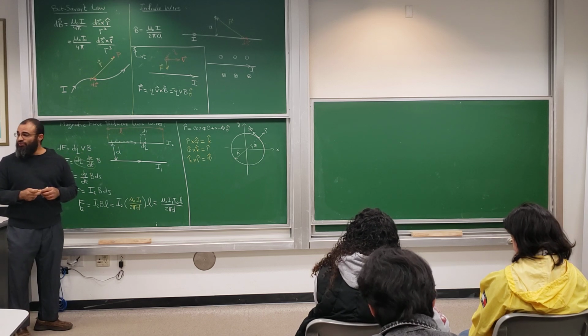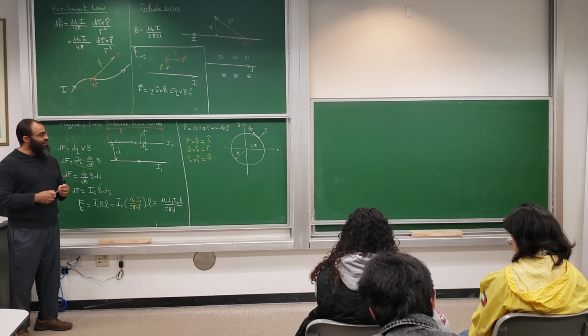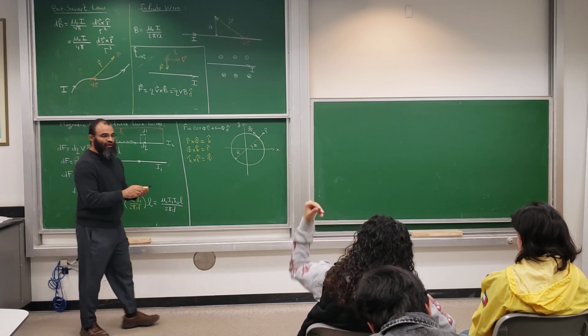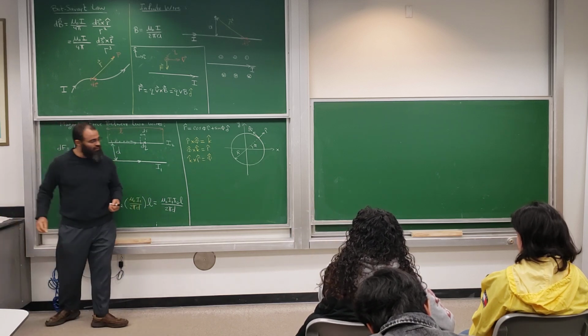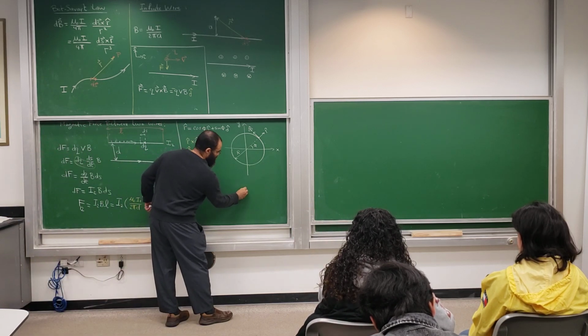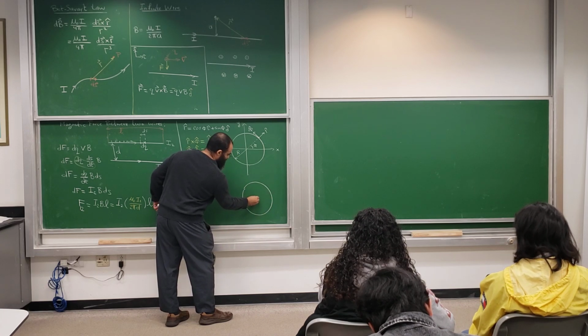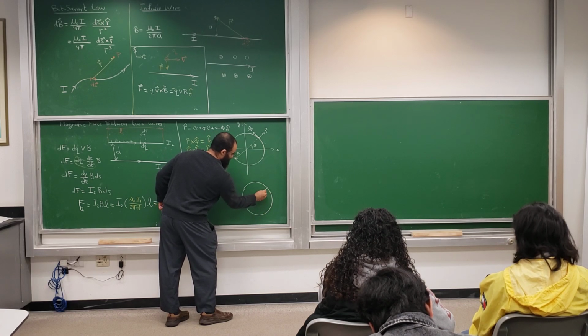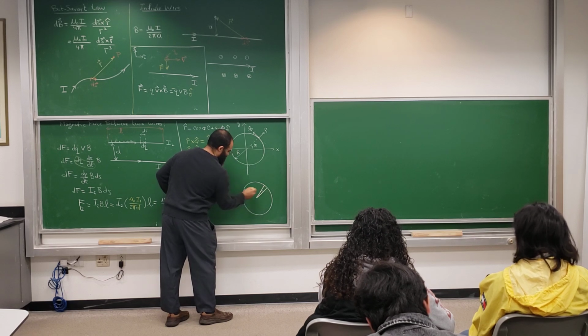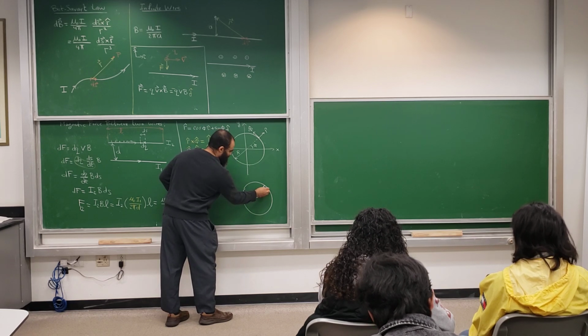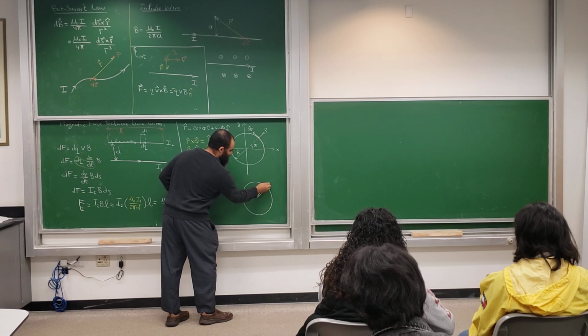Also, one more thing. I'm going to redraw my circle again. Let's say this is d phi, and this is ds. Here is ds.